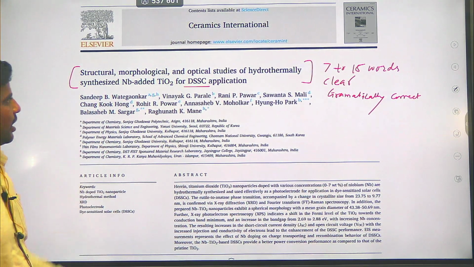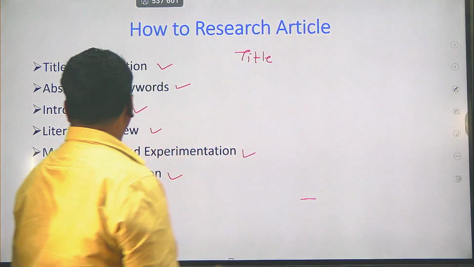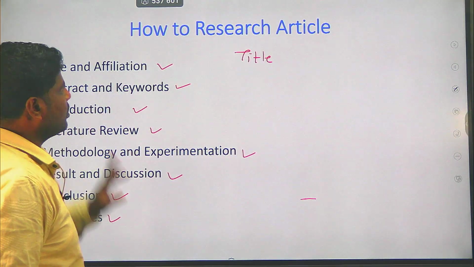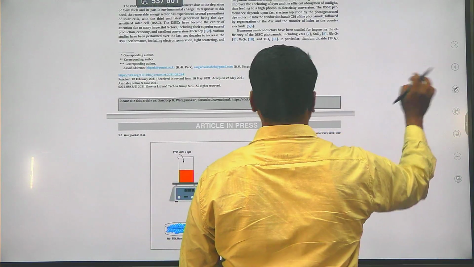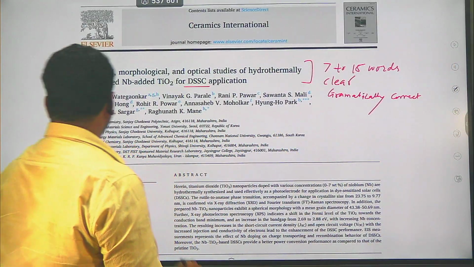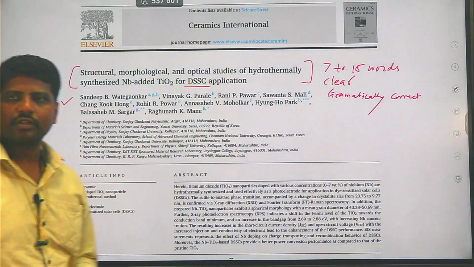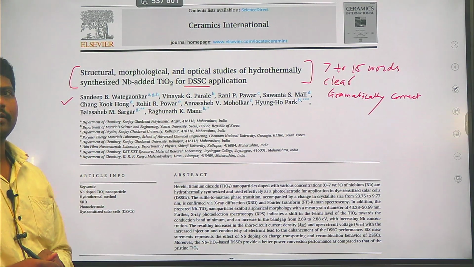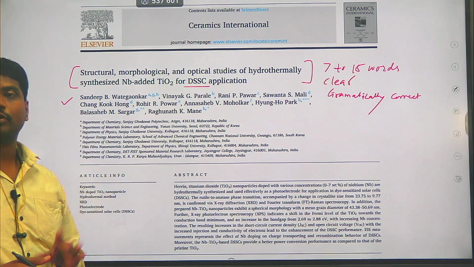Let us see another important terminology while writing the research paper, that is the second thing, called affiliation. But before going to affiliation, we should take one terminology, that is the names. We should write the names of authors.